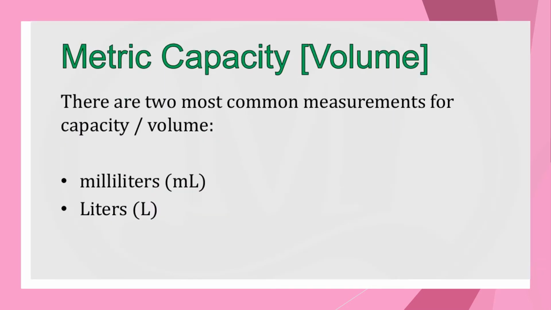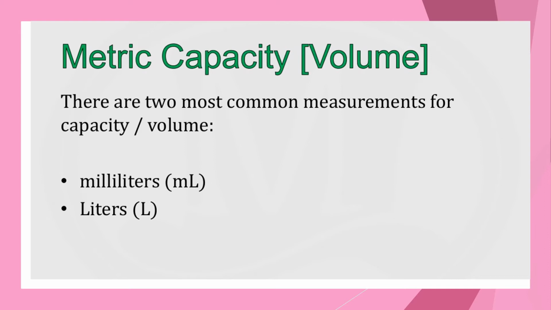Okay, like we already know, we are talking about volume and capacity. And from this angle, we are going to be looking at metric capacity. Now, there are two most common measurements used to measure volume and capacity.